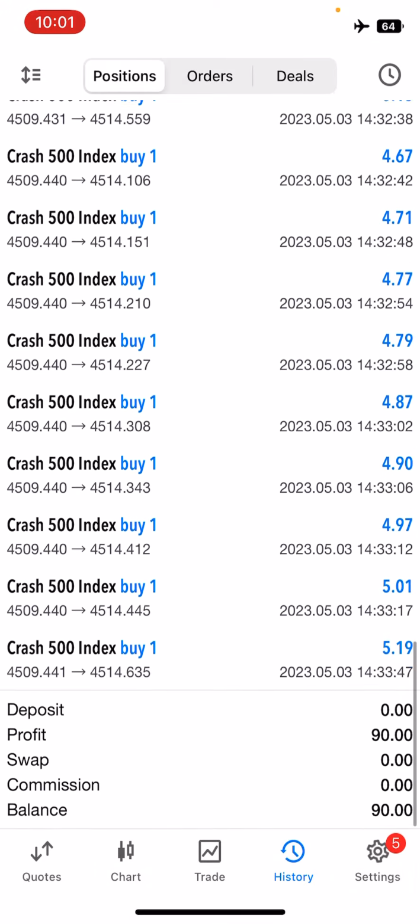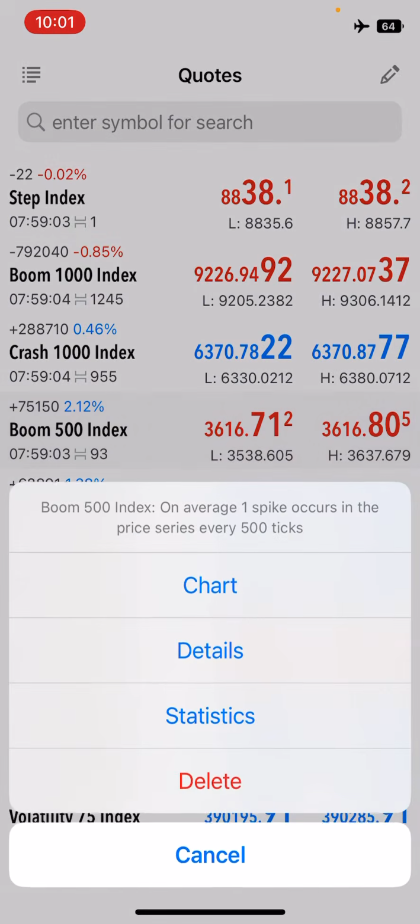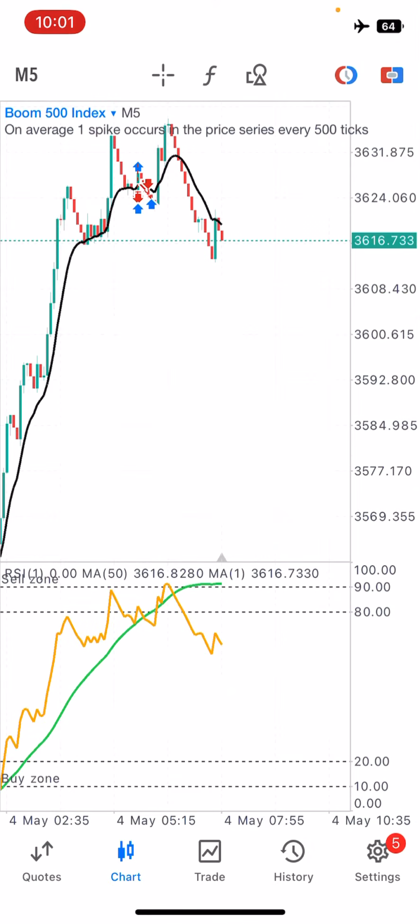Okay, so we're going to take a look at this simple strategy, and I want to explain to you guys how you can actually use it for all your Boom and Crash trading, be it Boom 300, Crash 300, Boom 500, Crash 500, Crash 1000, Boom 1000. You can trade this strategy actually.